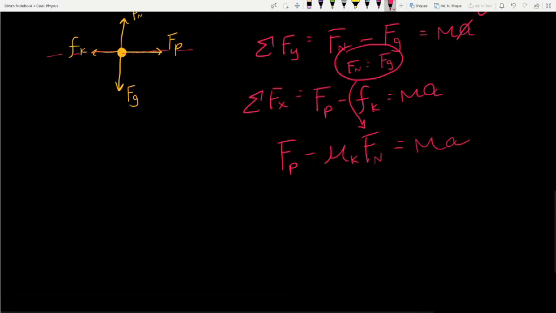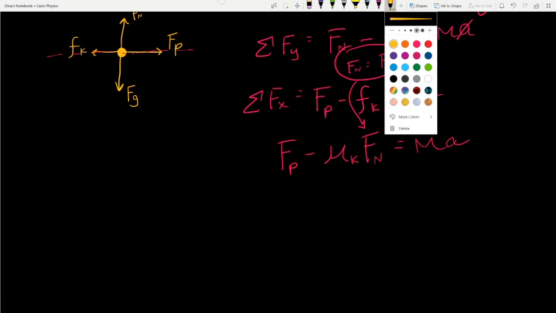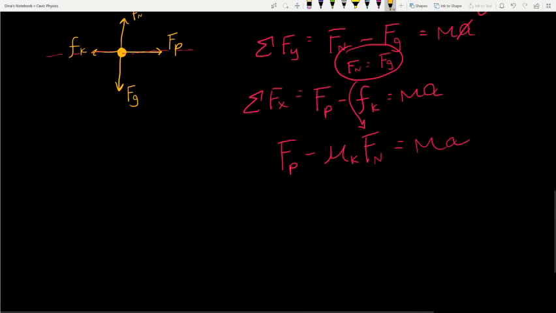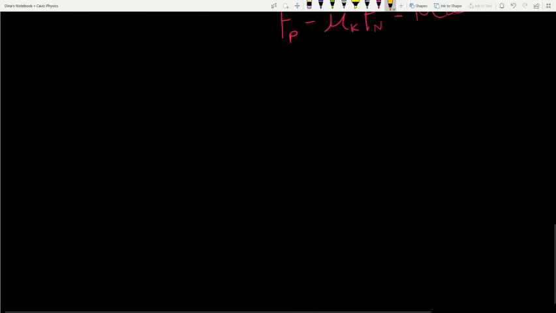Now, if your forces are not either in the x or y direction, remember you do have to break them into components. So where we would do this would be, let's say we are pushing this object at an angle theta.